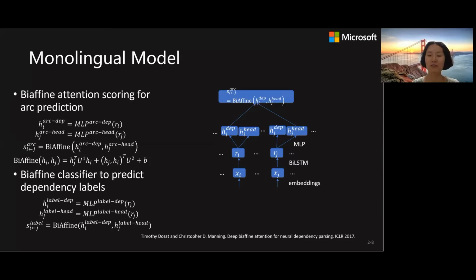So the biaffine function is defined as in this equation, which is basically extending the bilinear function with an additional linear function of the input vectors.